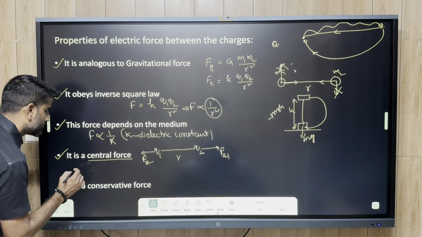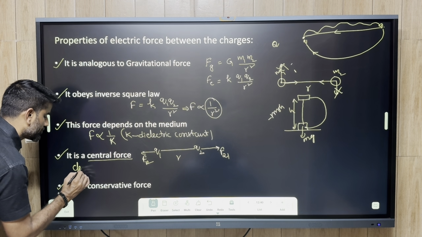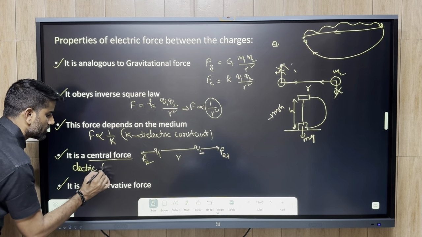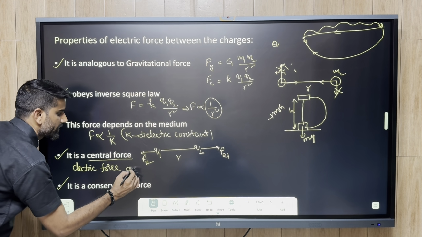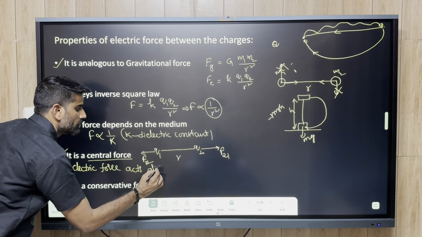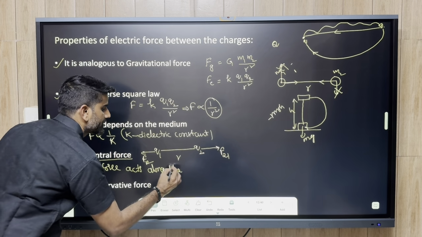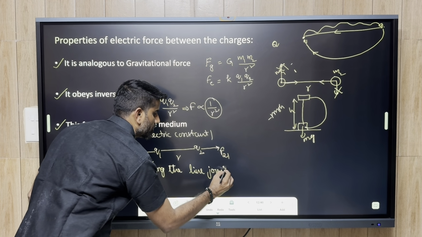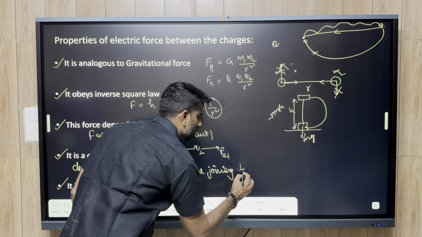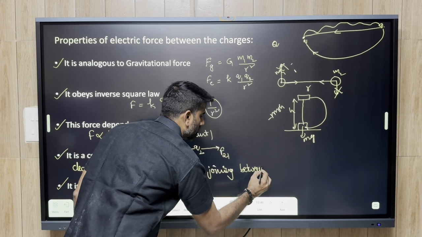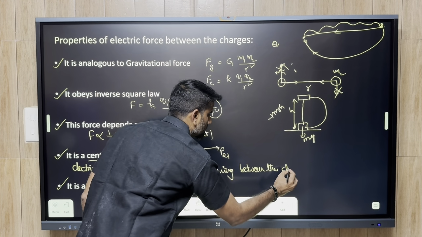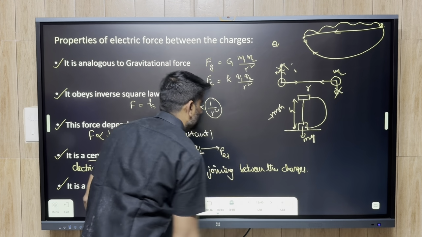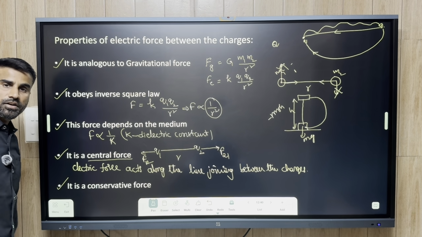So I'm writing the statements here. Electric force acts along the line joining the two charges, so it's a central force.